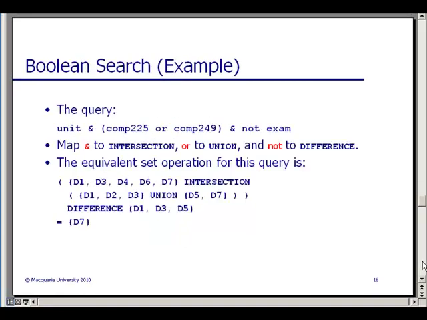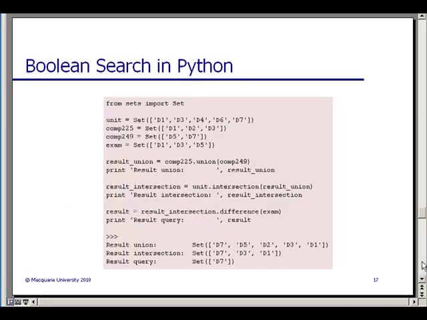I could actually do this in Python, and here is a very simple example that shows how we could do it. We could replace unit here by a set of documents, D1, D3, D4, D6, D7, and COM225, sorry, by its set of documents.